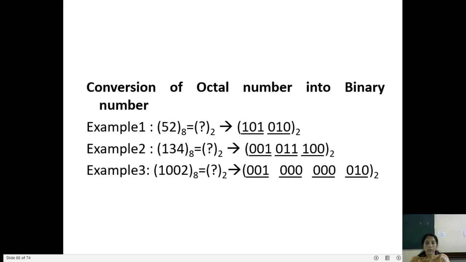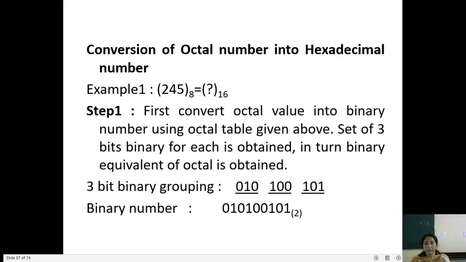And now you can see I have told you how to convert the octal number into binary. This is 52 base 8, and when you want to convert, you can divide it continuously by 2, and you will get the value. Otherwise, if they give binary to octal directly, then you want to group into 3 bits and you will get the value. And when you come to hexa, if they have given to convert 2, 4, 5 into hexa, then you can easily group the numbers into binary form.